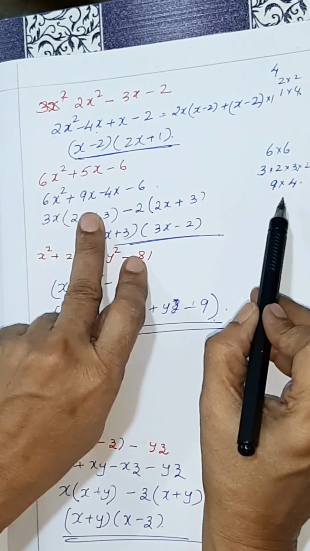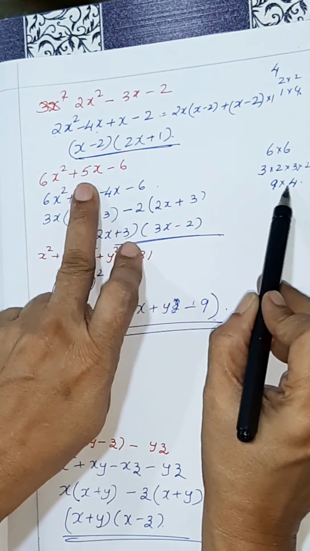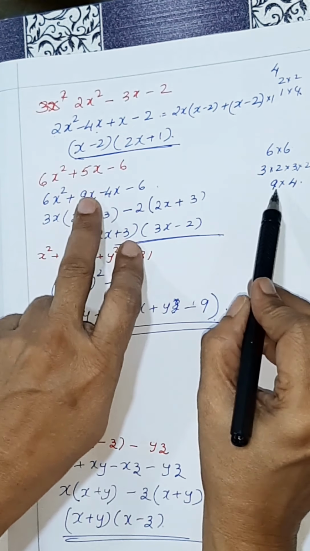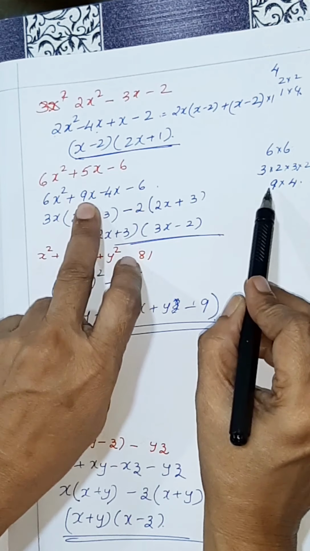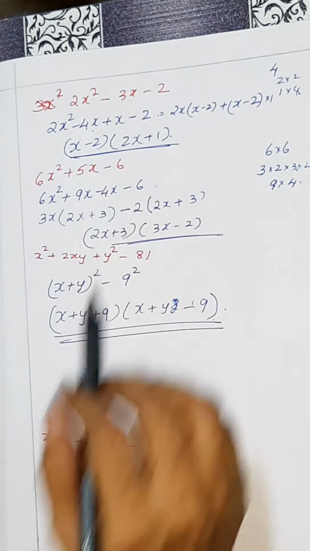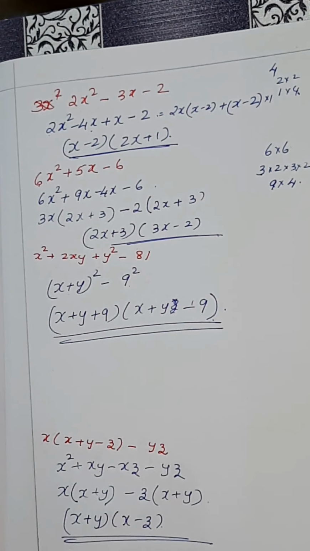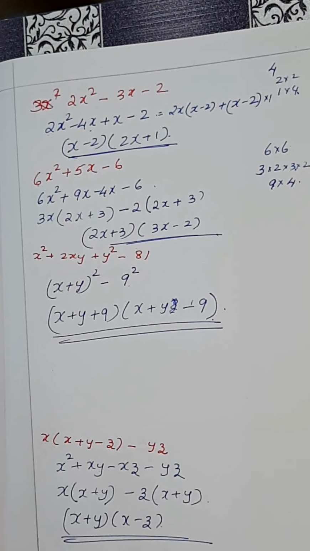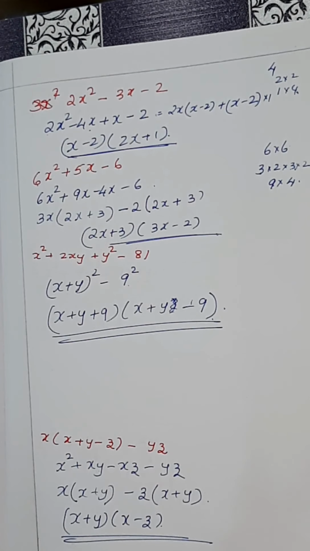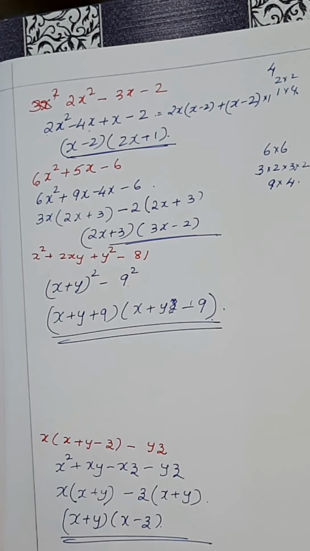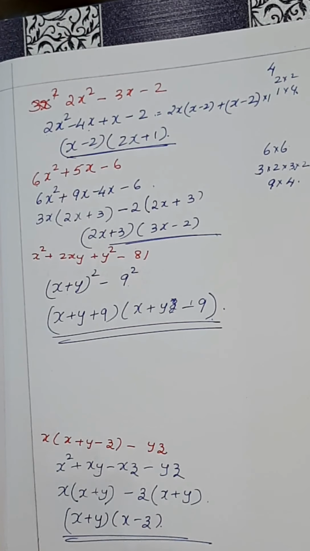So you took 9 and 4, 9 minus 4, 5, and you have to take the bigger term as positive, 9x. Hope it is clear. Now here the constant term is positive and the middle term is negative. If it is positive, either both the terms will be positive or both the terms have to be negative. So here it is going to be negative because the middle term is negative. So don't have to worry, with a lot of practice it is very easy to understand.